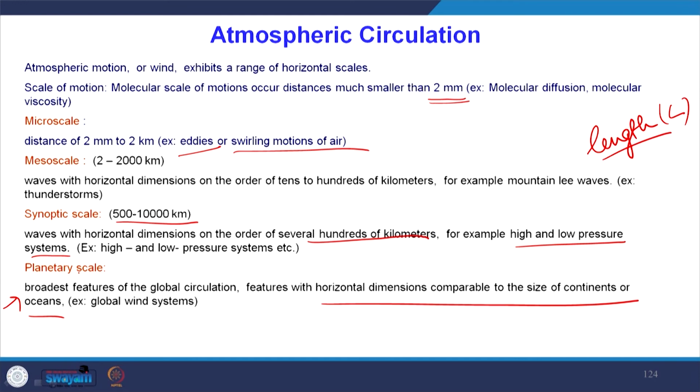So, it is microscale, which is small, mesoscale, synoptic scale, and planetary scale. These scales of motion are very important. Whenever you pick up a system, it is very important for you to categorize this particular system into one of these scales and then use the techniques accordingly.